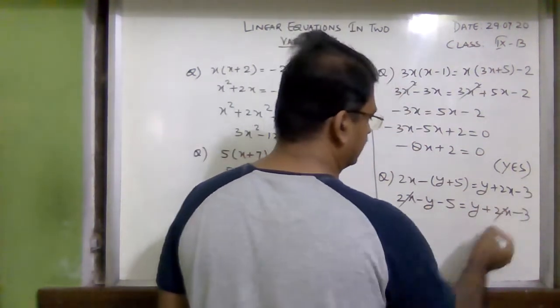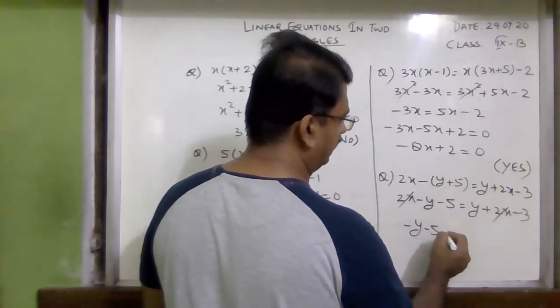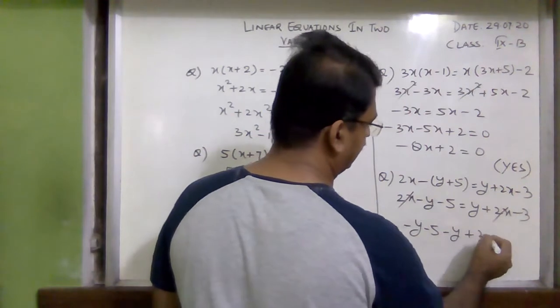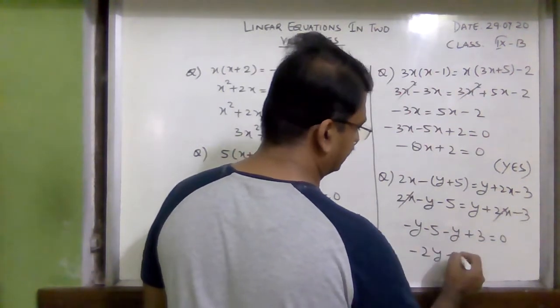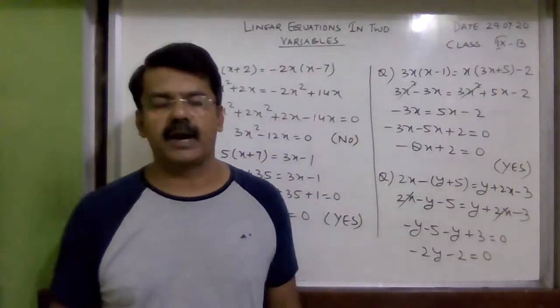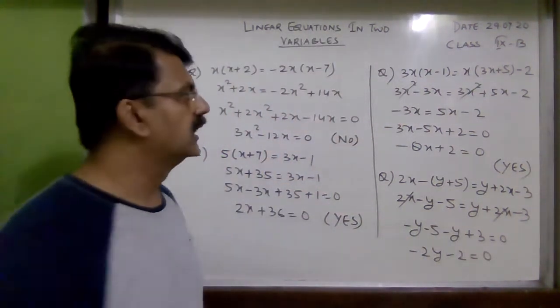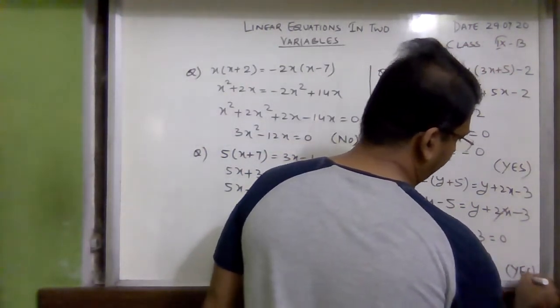Now 2x can be cancelled, so minus y minus 5 minus y plus 3 is equal to 0. That is minus 2y minus 2 is equal to 0. Once again you can see the highest power of y is 1, so it is also a linear equation. So your answer will be yes.